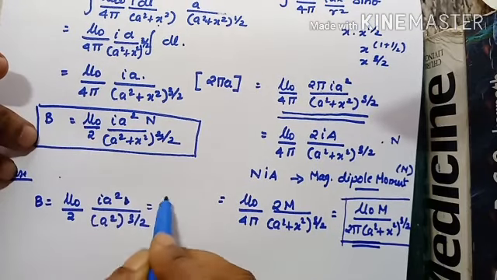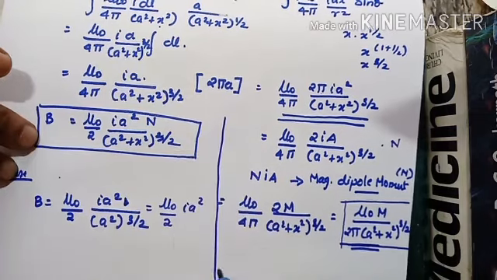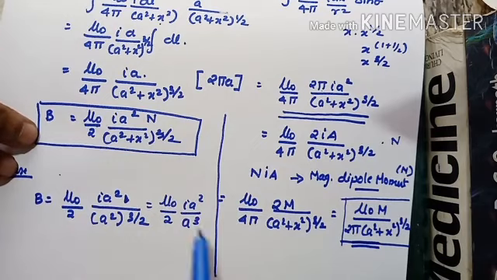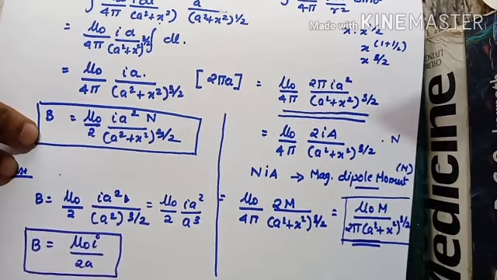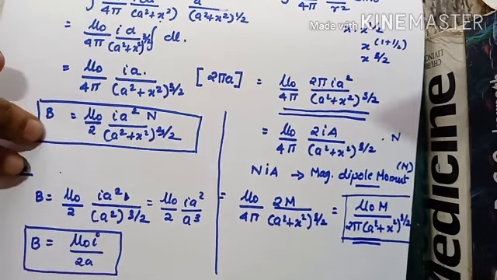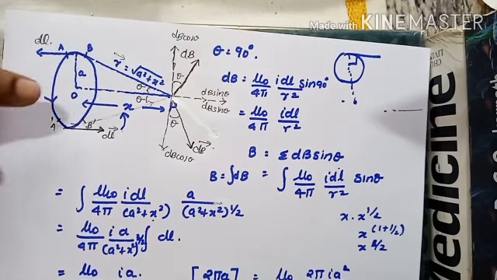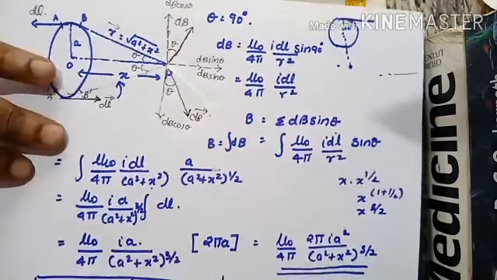In the denominator there will be mu 0 by 2 I a square divided by a cube. Right, so one a goes off, so you will get the equation of mu 0 I by 2a. Very important equation. This is the magnetic field at the center of a current carrying loop. That is mu 0 I by 2a, where a is the radius of the circular loop. Clear?